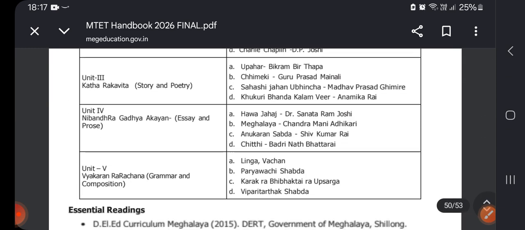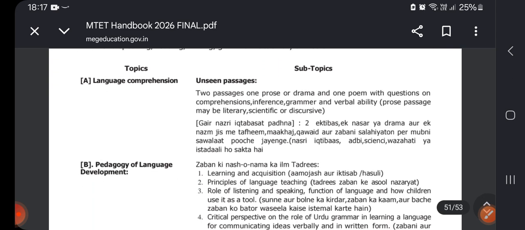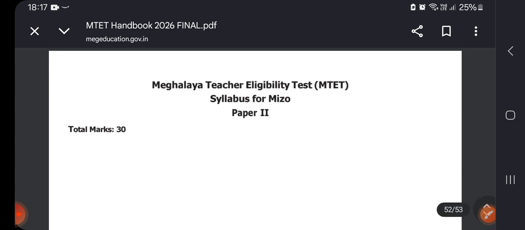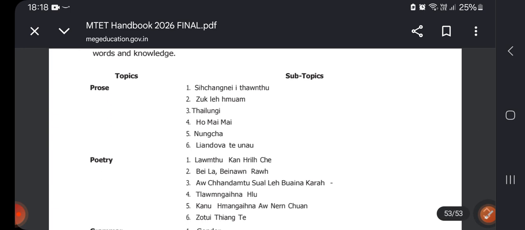I'm so sorry, I'm just scrolling down, friends, and I'm not reading out the Urdu questions or topics basically because I cannot read it. This is the Mizo language. Okay, it has not come. Okay, yes, it is here.